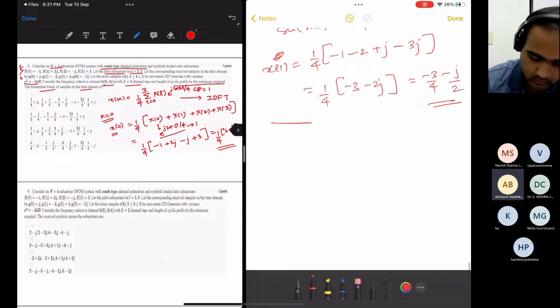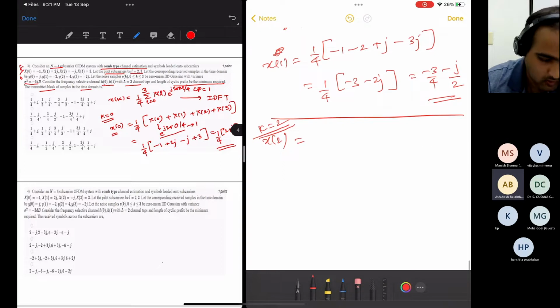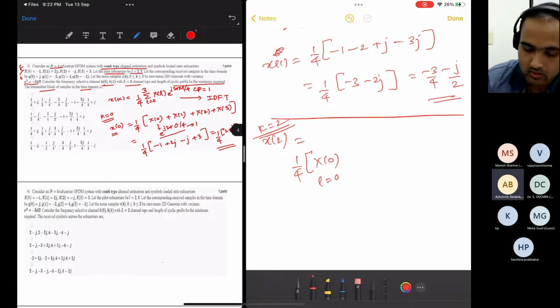Now similarly, what will be x of 2? At x of 2 we have k is 2. Now how will x of 2 be written? It will be 1 by 4, again x0, at L is 0, and since L is 0, k into L is 0.